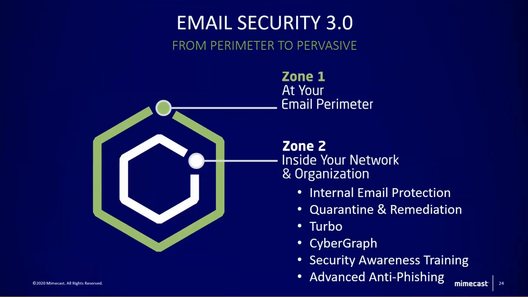And finally, making up the last part of Zone 2 is the security awareness training, which in turn helps change the behavior within organizations themselves. And as we know, many attacks are extremely clever and very difficult to spot, even with a trained eye.